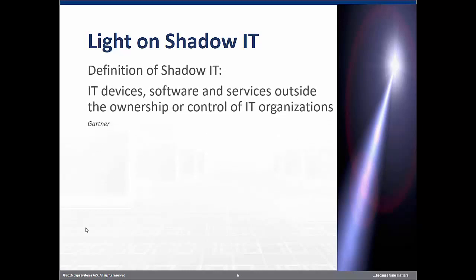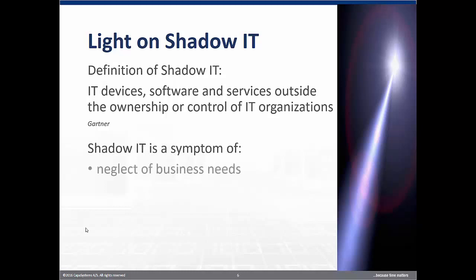Actually, we see Shadow IT as a response to an internal conflict in the organization between business needs on the one side and IT governance on the other. What we're looking at is a symptom of neglect from the IT department of legitimate business needs. IT services that cannot be delivered internally at the speed or in a form that fits business purposes.